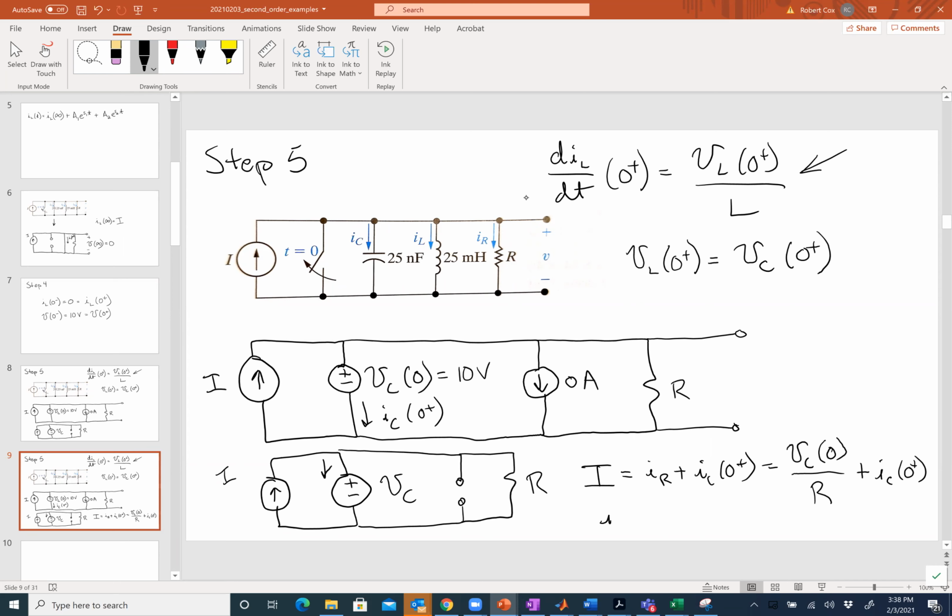So that tells me that IC of 0 plus is whatever that current source is, minus VC of 0 plus divided by that resistor. Right? Questions about that?